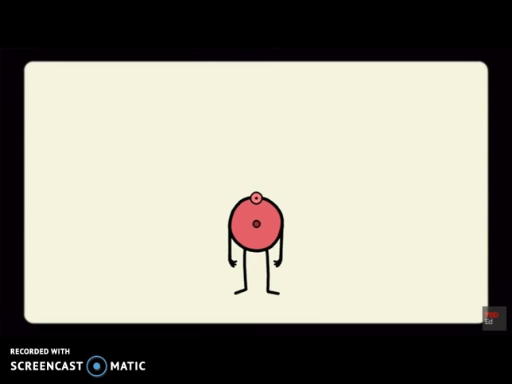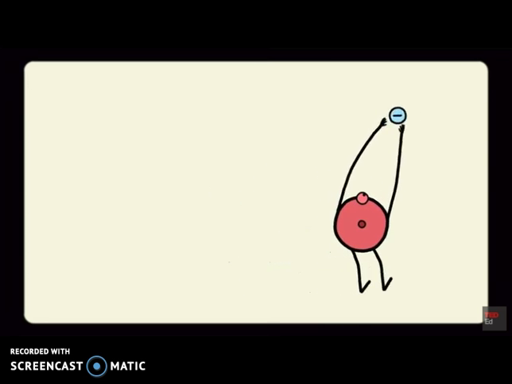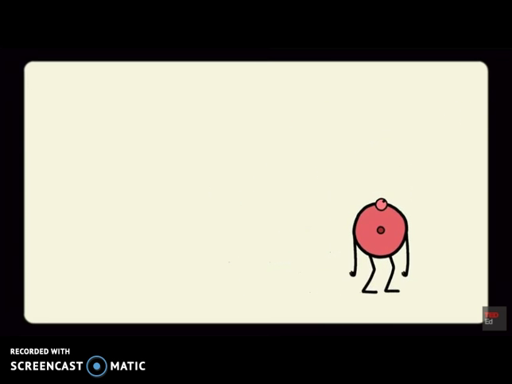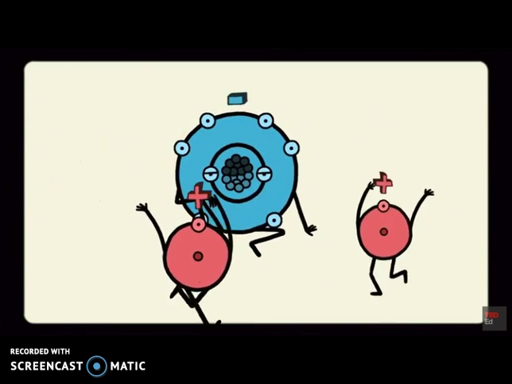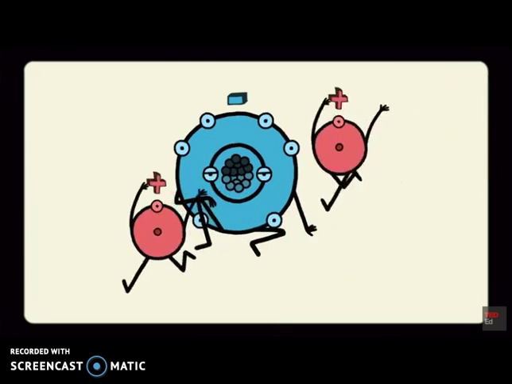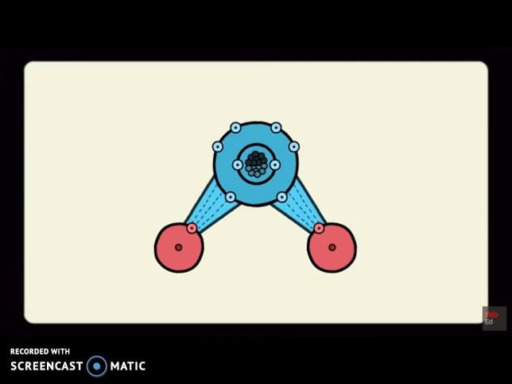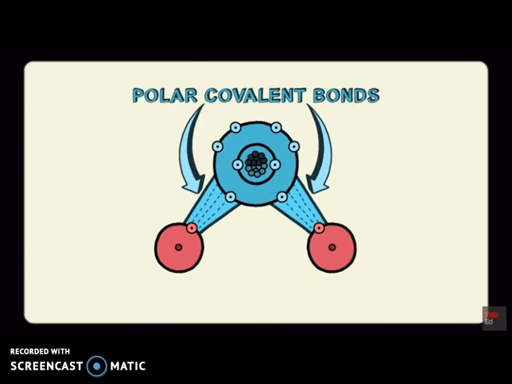Because hydrogen is smaller and has less strength, or fewer protons, it loses the tug of war and attracts fewer than its fair share of electrons. So the oxygen in water behaves as though it's negative, and the hydrogens behave as though they're positive. The bonds within a single water molecule are called polar covalent bonds. Covalent means that the electrons are shared.